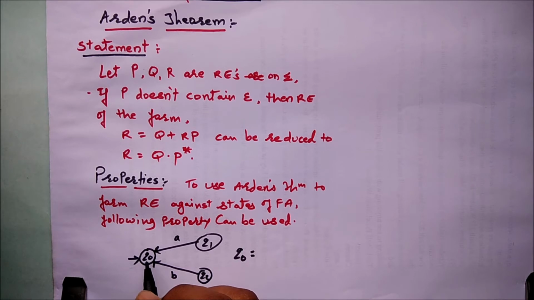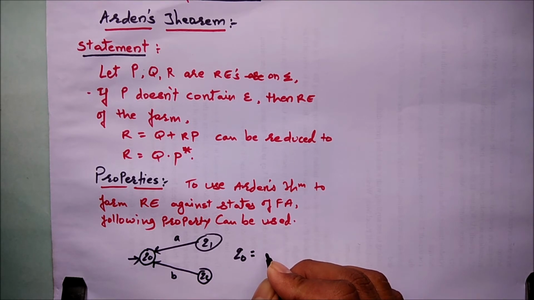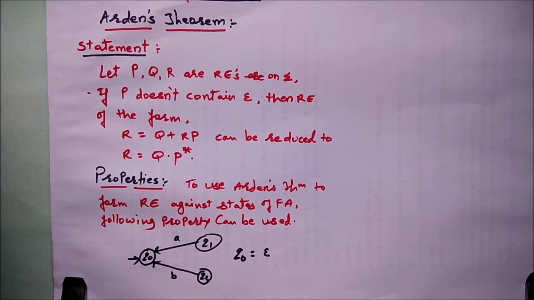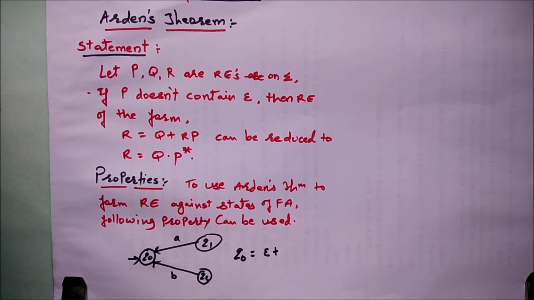So Q0 here is the initial state. Whenever you are writing the equation for the initial state, it is compulsory to write epsilon. So epsilon plus, then we have to think whether there are any other states transiting to the state for which we are writing the equation.